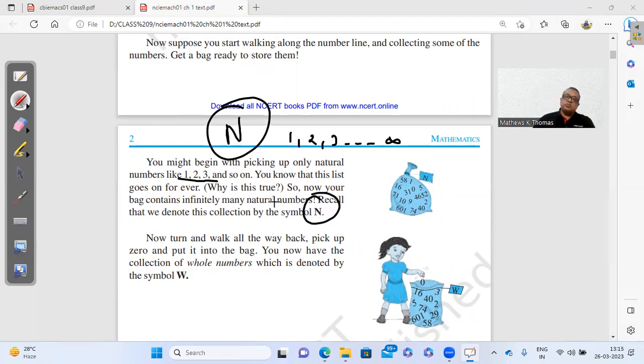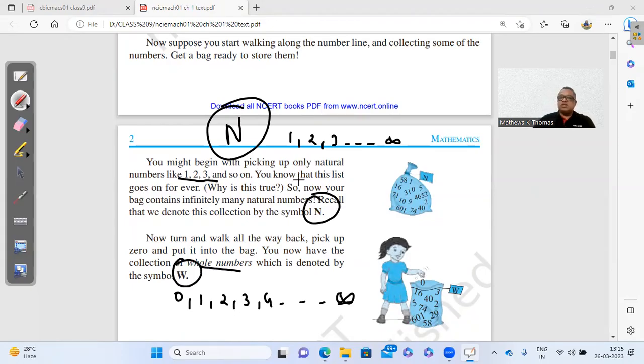And if I am starting with 0, here I am starting with 1, here I am going to start with 0, and I'm going to 1, 2, 3, 4, all these numbers right up to infinity, then these numbers are called whole numbers represented by W, right?